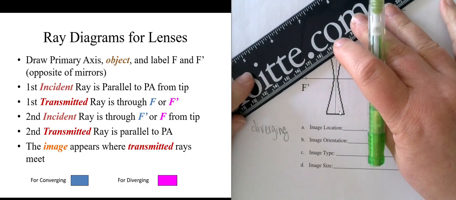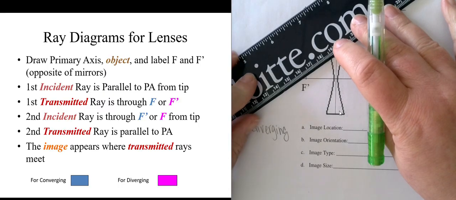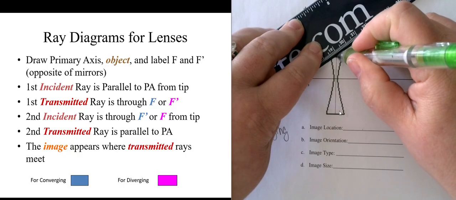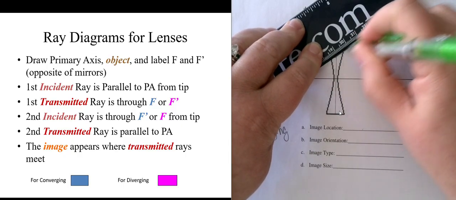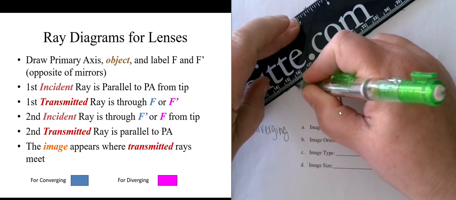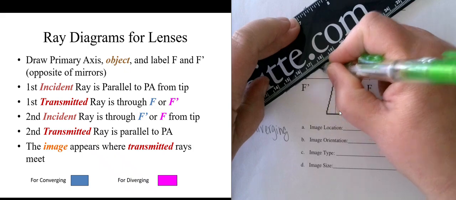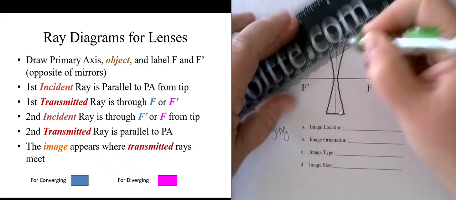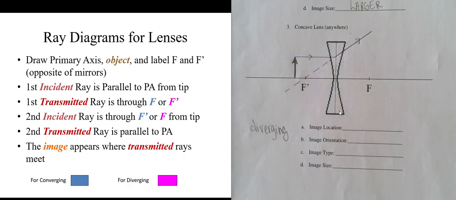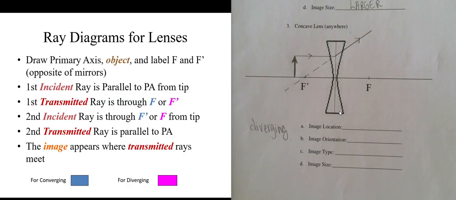So we're going to have our transmitted ray aimed kind of upwards, and it's going to be transmitted this way. But since it's diverging, we know it can only produce virtual images, so I'm going to go ahead and extend it backwards immediately, because I know I'm going to need a virtual one eventually anyway.